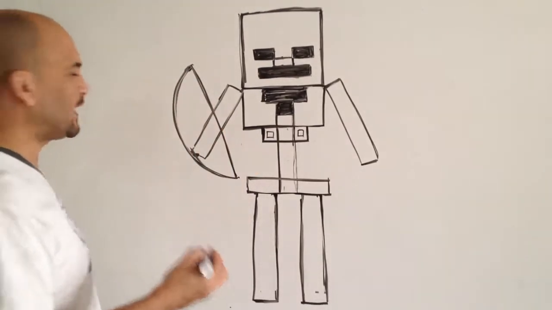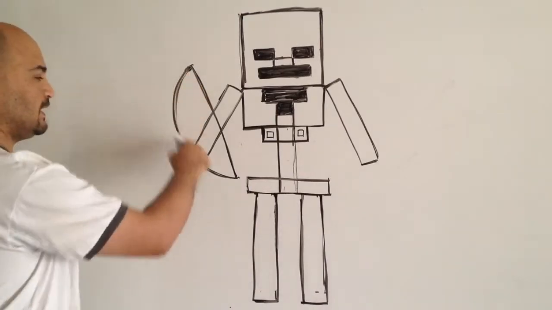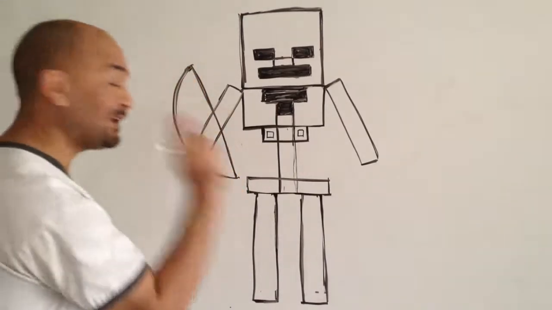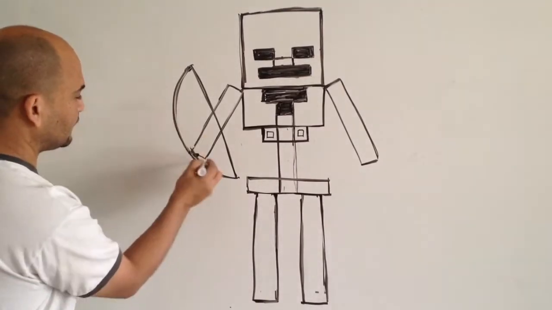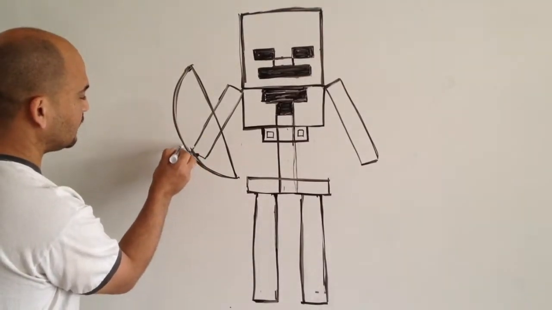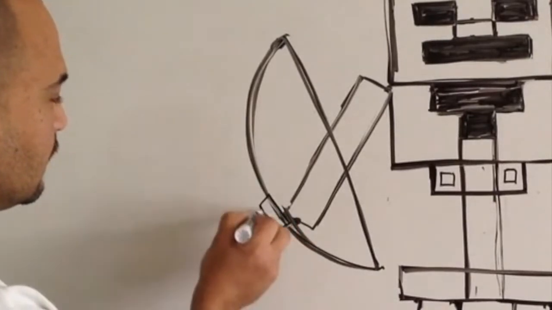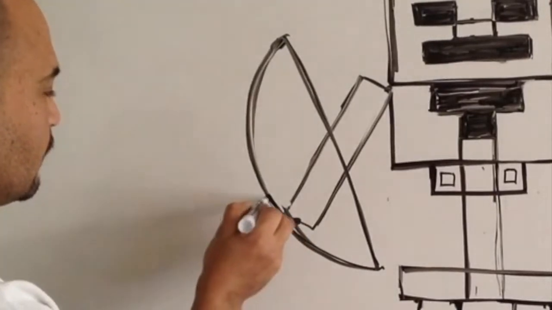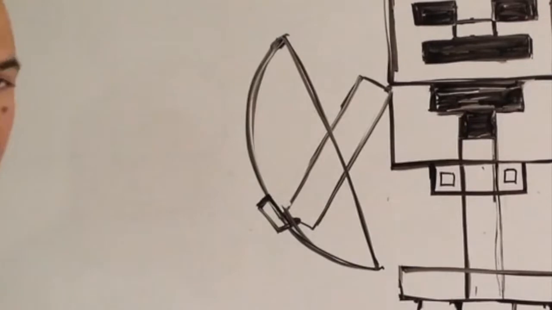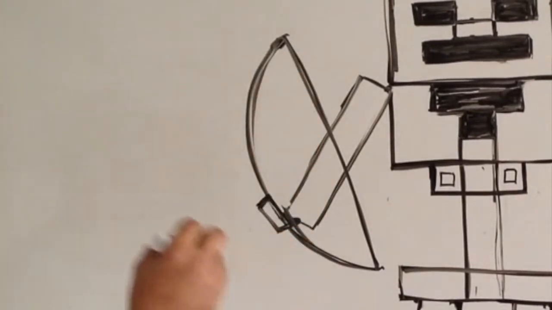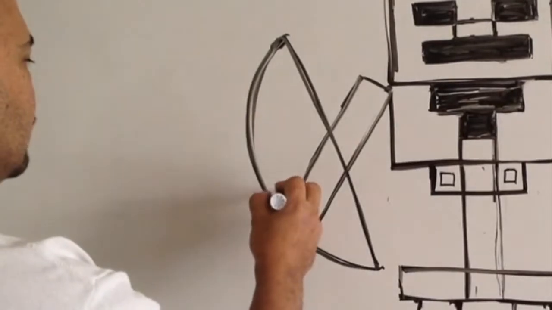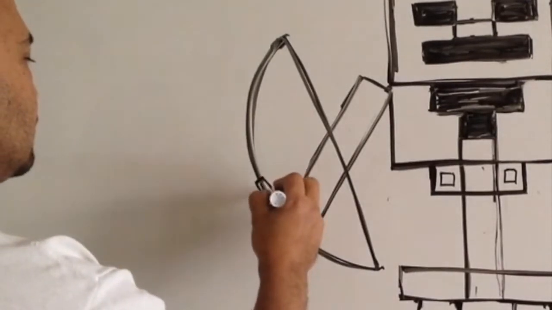But we want to make it kind of Minecrafty. So what we're going to do is take the big curved line that we made and use that as a guide. The part of the curvy line that touches his hand, we're going to make into a big rectangle. And then we're going to follow this curved line by making little squares or rectangles.